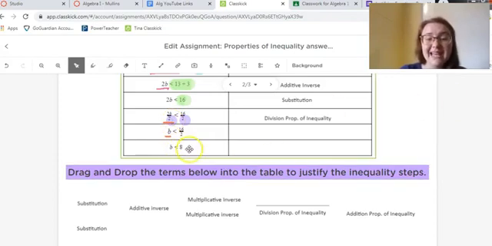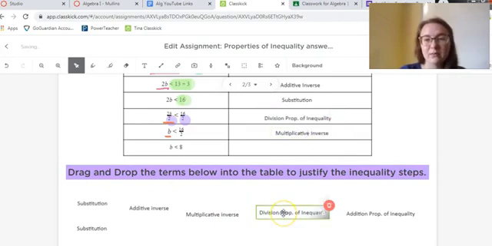Anytime something cancels, that's going to be an inverse property. Now, the operator that was canceling, I had 2 times b that turned into just a b when I divided. So since I'm multiplying and dividing, that's multiplicative inverse. I canceled multiplication. That's what this means.